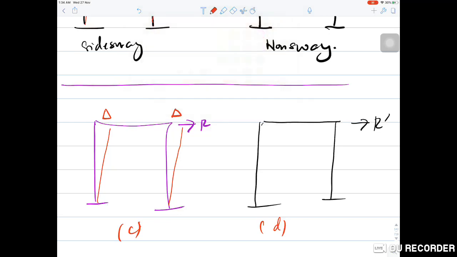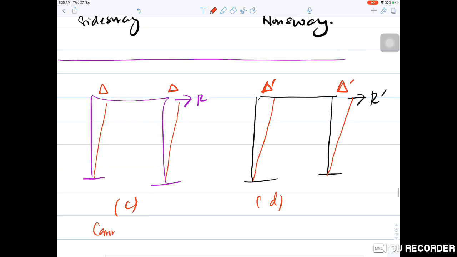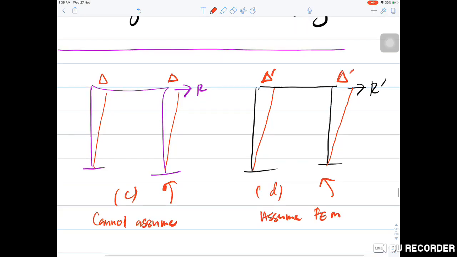So due to R prime, there will be delta prime at B and C. Both C and D are sidesway frames, but we cannot assume here, but we have to assume FEM here for diagram D.